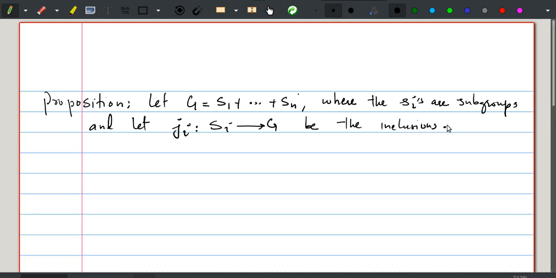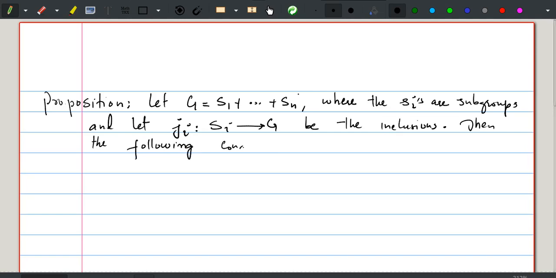Then the following conditions are equivalent.